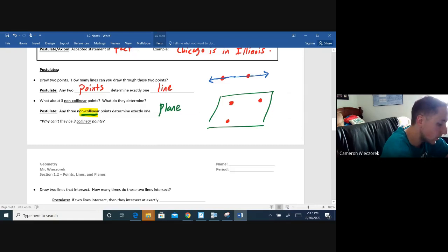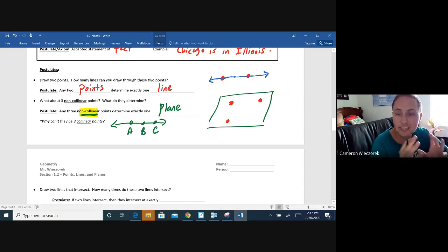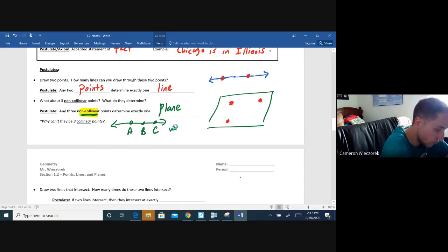The reason they can't be collinear points is because otherwise they would just make a line. They wouldn't make a plane. A, B, C, that's not a plane. That's just a line. You need to make sure at least one of those points is not on the same line. So this would form only a line.